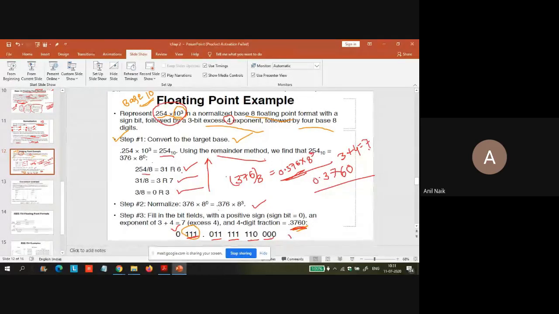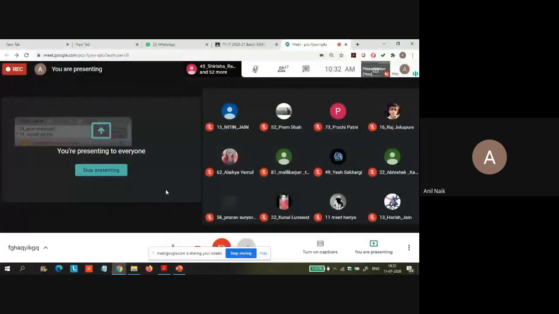But the computer understands this binary form. Okay. So this is how we convert the number into a binary form. Okay. In the next class we'll discuss a few more examples.